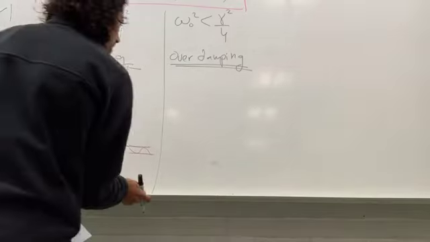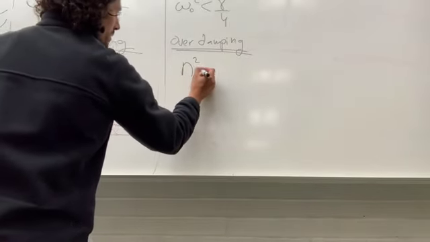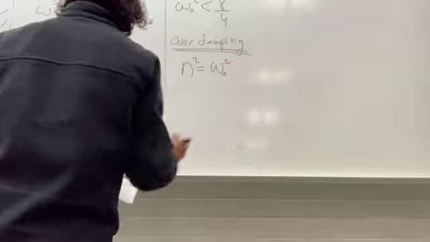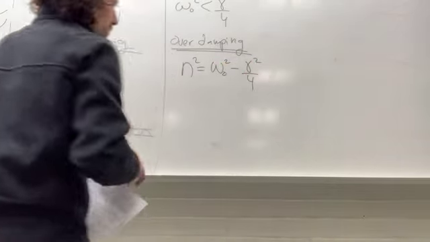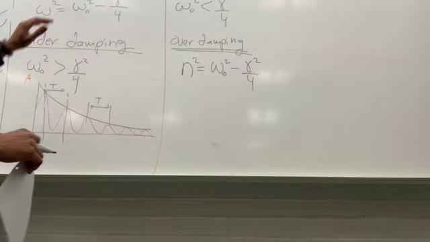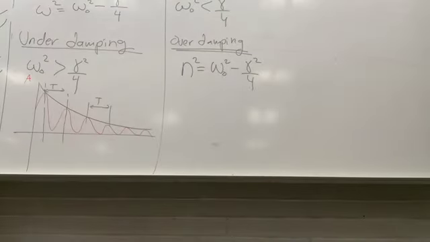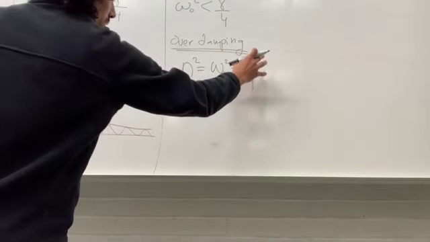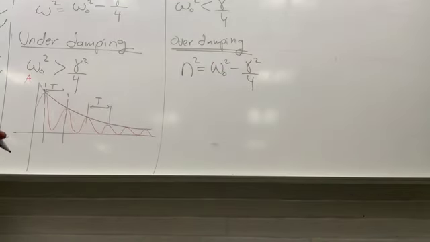And in this case, we go back to our omega squared, which is omega 0 squared minus gamma squared divided by 4, which we called omega because it was the frequency of the system. But in this case now gamma squared over 4 is larger than omega 0 squared.